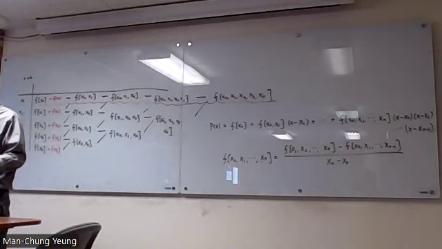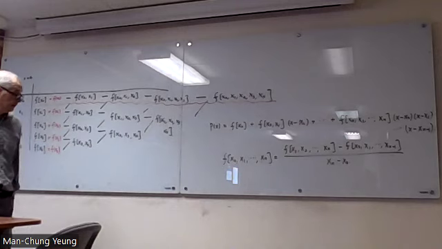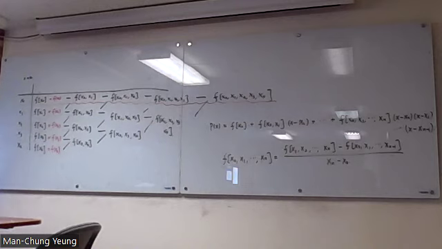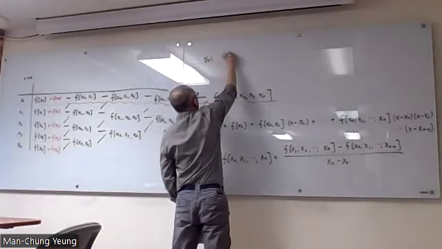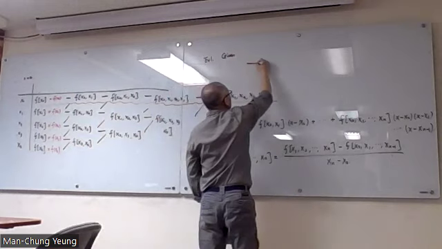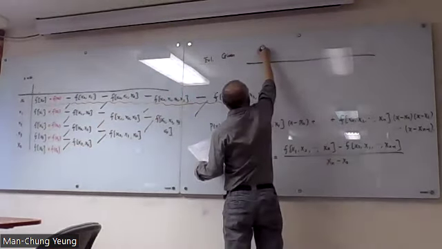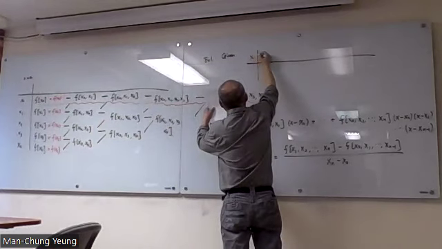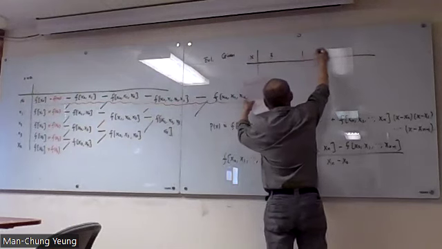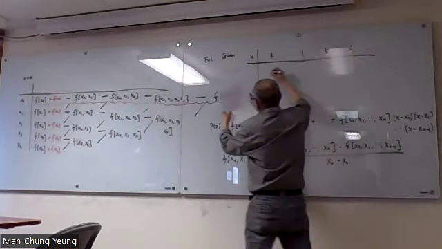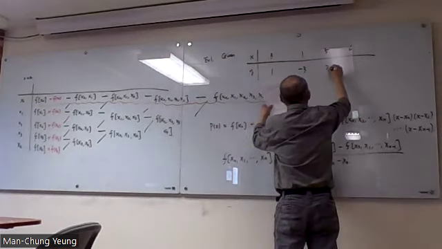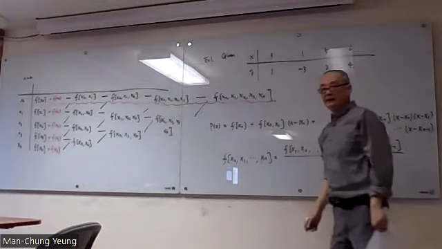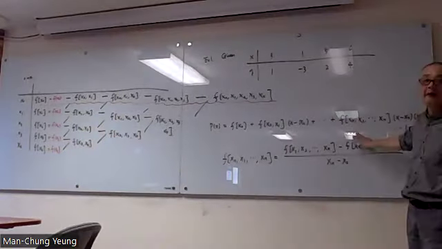Take a look at this table: x is 3, 1, 5, 6, and y is 1, negative 3, 2, 4. Now I want to find this polynomial.